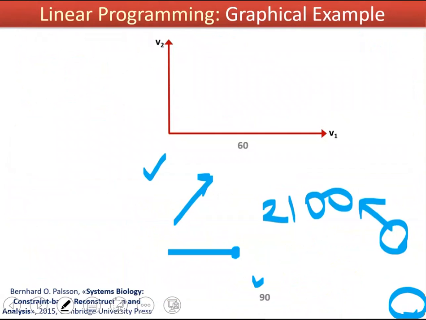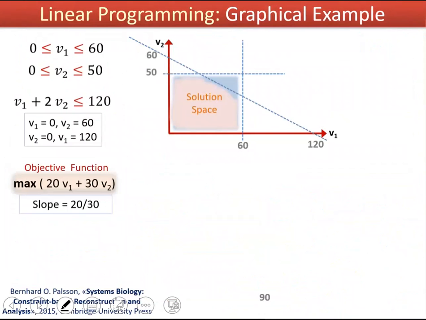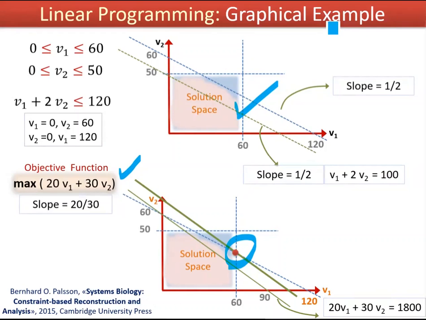And by using a graphical approach, we were able to first define the solution space, and then find the point within the solution space that maximizes the value of the given objective function. So I shared this with you to give you an idea on how linear programming works, how the constraints and the defined objective function are used together to get a solution.